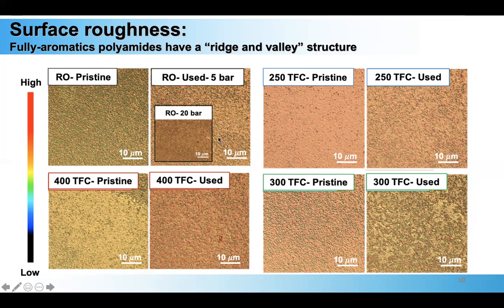It shows that the valleys are clogged by species and contaminants during the filtration. It's easier for them to be fouled compared to semi-aromatic, which has a less rough surface and a more hydrophilic surface. So the flux decline is higher for these types of membranes. But also, the rougher surface helps them have more selectivity toward nutrients. So there is a trade-off.